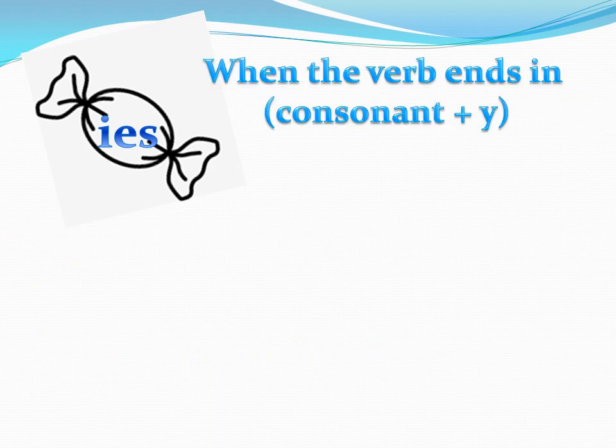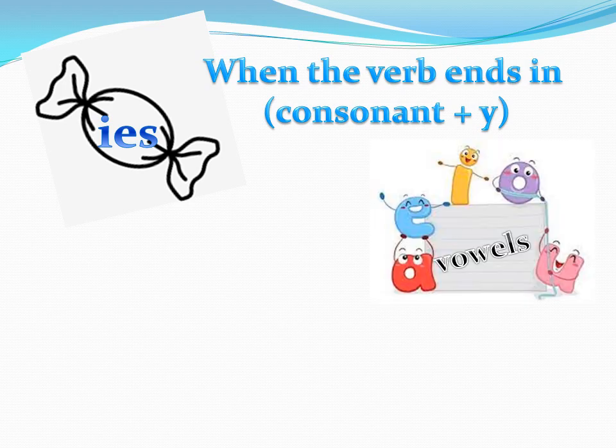We use it when the verb ends in consonant plus y. Miss, what's a consonant? The letters in English are either consonants or vowels. The vowels are A, E, I, O, U. Those are the vowels. Any other letter, B, C, D, F, G, H, are called consonants.